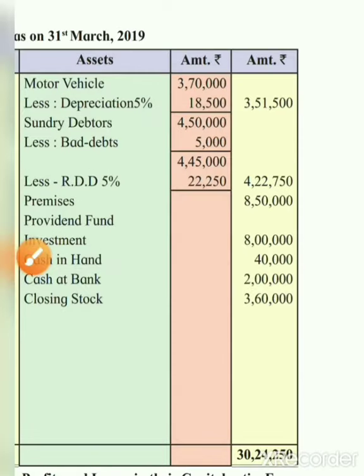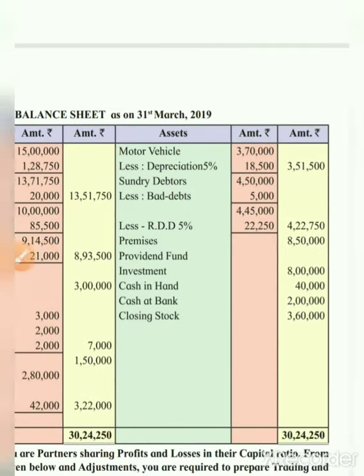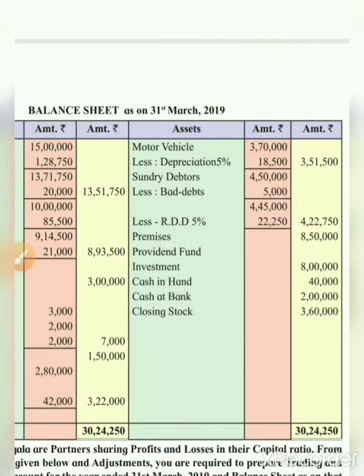After sundry debtors, our next item is premises 8,50,000. Then provident fund investment 8 lakh, cash in hand 40,000, cash at bank 2 lakh, and closing stock 3,60,000. In this way, we can do the total of the balance sheet now. It must get tallied at rupees 30,24,250. This is what our total is.